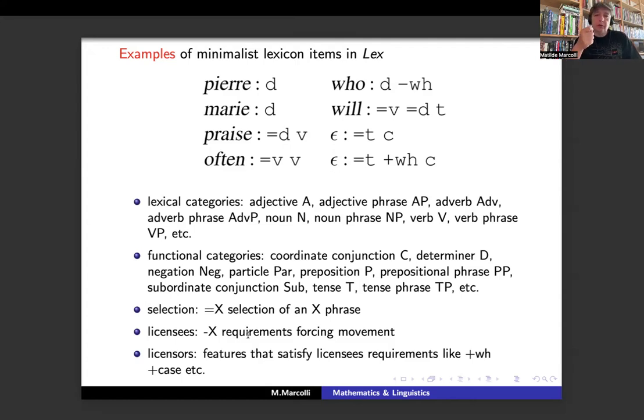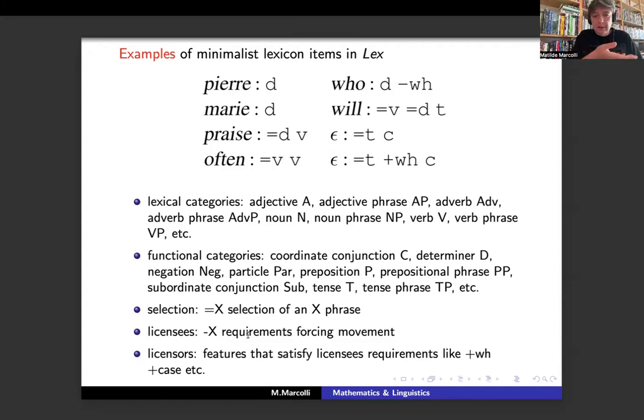And so one usually writes with this equal symbol, n plus a certain category, is something that will select for an item that has this type of X labeling to form a new structure.